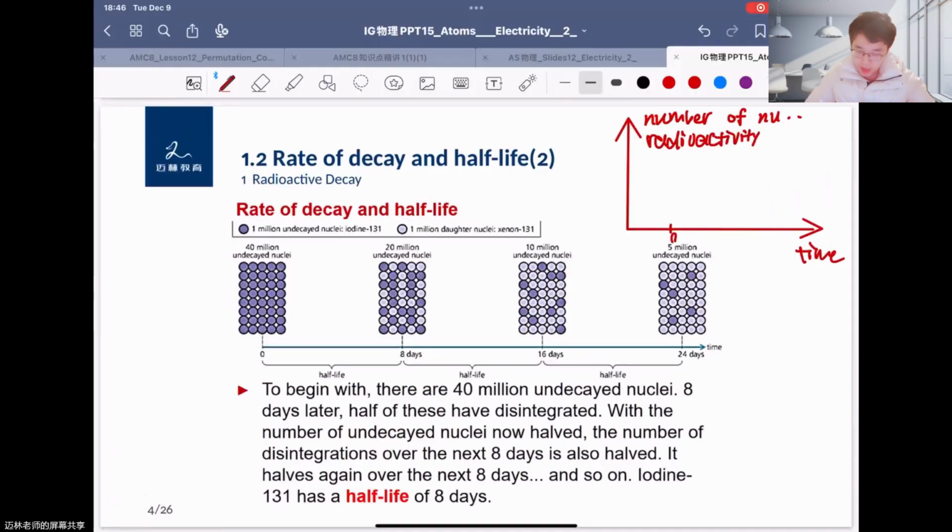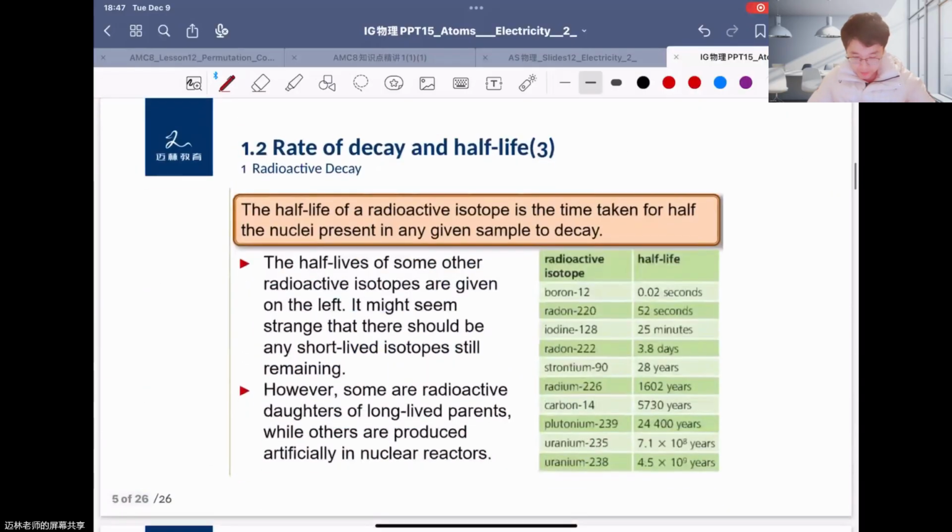After 8 days, our atoms go from 40 million to 20 million, and after another 8 days, from 20 million to 10 million. After another 8 days, maybe here 16 and here 24, it turns into 5 million left in the system. So this is the graph of the number of original nuclei against time taken.